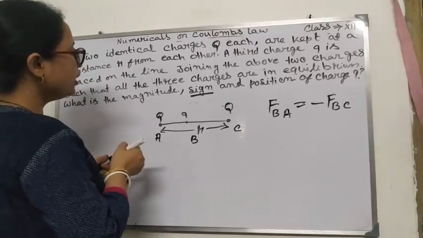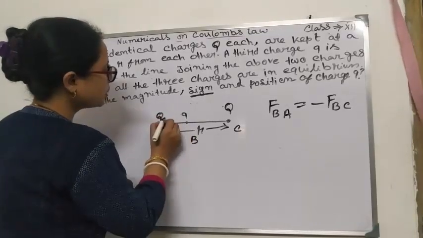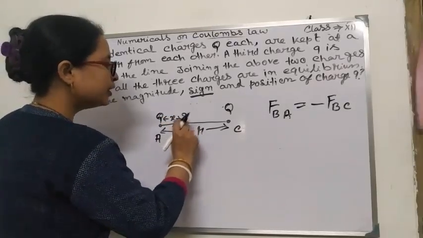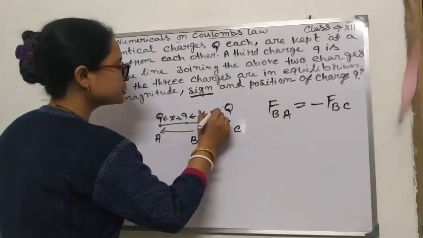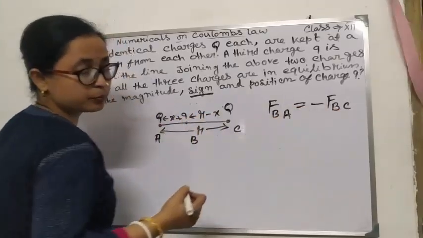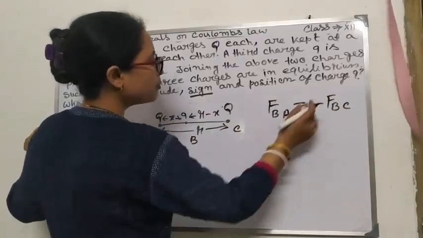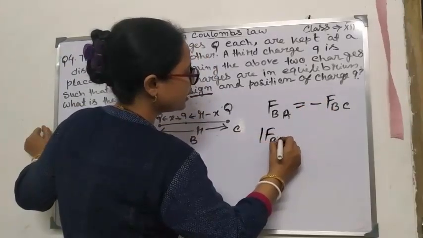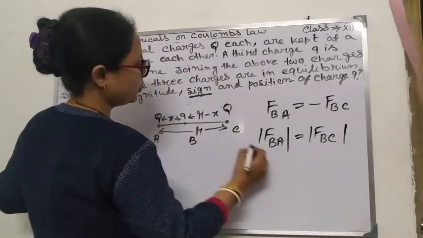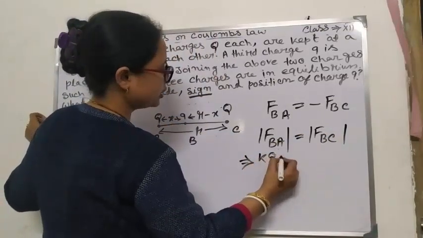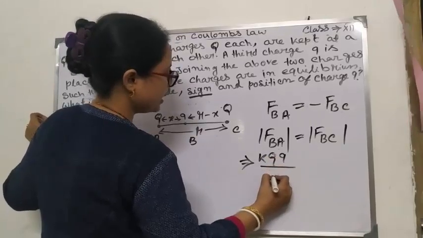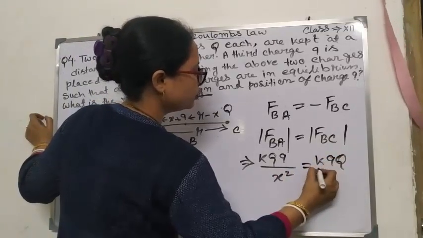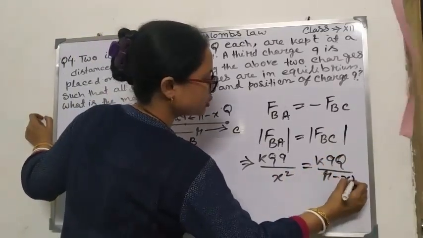Now let us consider the distance between points A and B is x. Then what will be the distance between B and C? Obviously it will be r minus x. As the forces are equal and opposite, let us take the magnitude only, not direction. It will be K capital Q into small q divided by x square, equal to K small q capital Q divided by r minus x whole square.